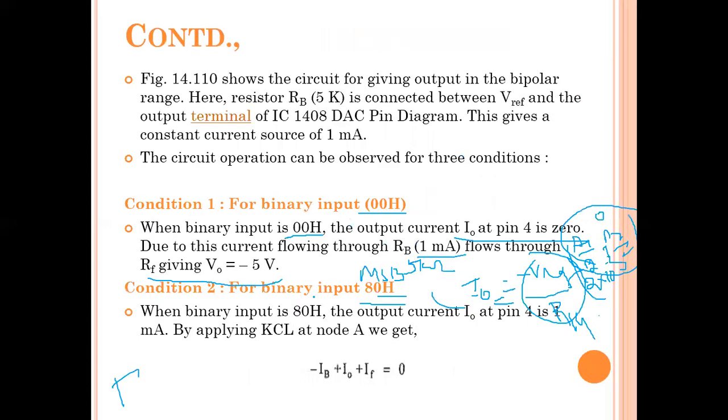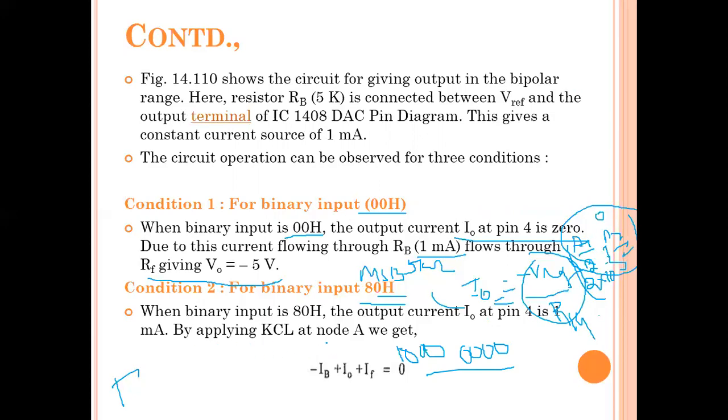Next, for binary input 80H, you will be having 1, 0, 0, 0 and 3 zeros, 0, 0, 0, 0. So this is the binary data you will be having. So the output current I0 at pin 4 will be equal to 1 milliamp.